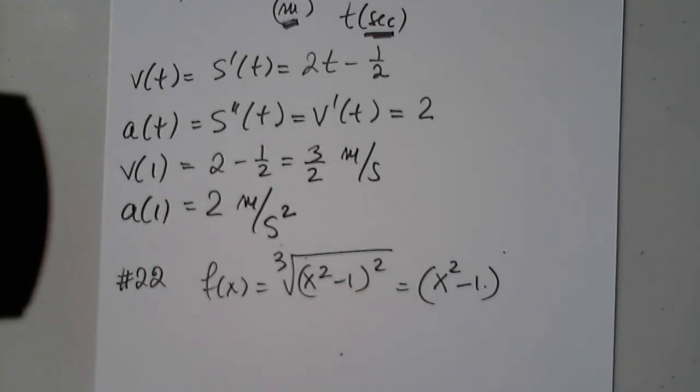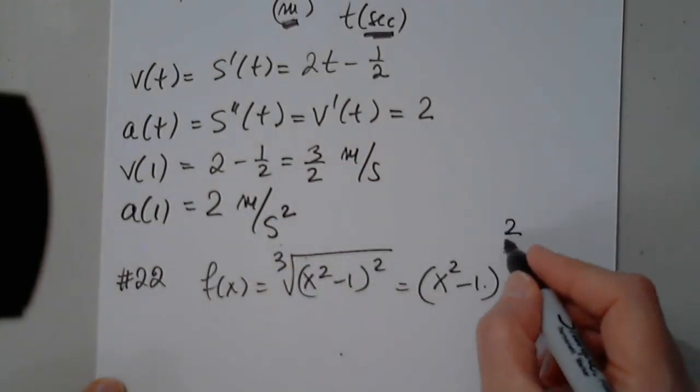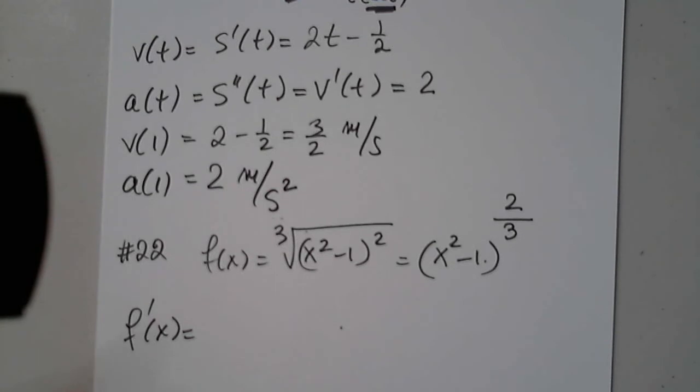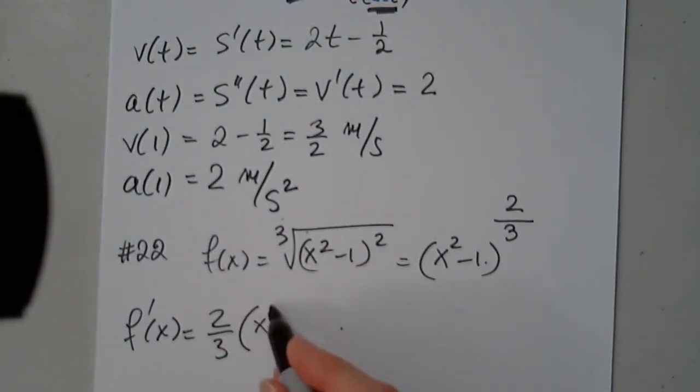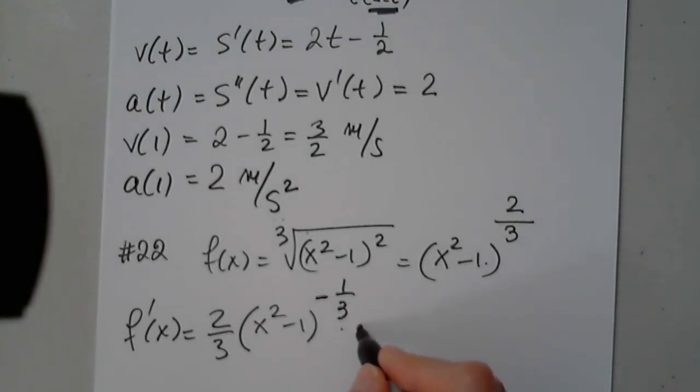It's 2 over 3. The index is always the denominator. Awesome. And now we are ready to differentiate. Can anyone help with x squared minus 1 to 2/3? We bring down the power, we subtract 1 from the power, times the inner function prime.